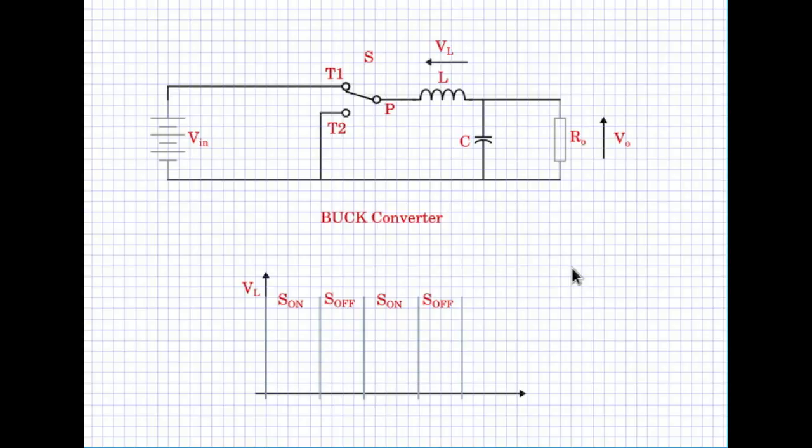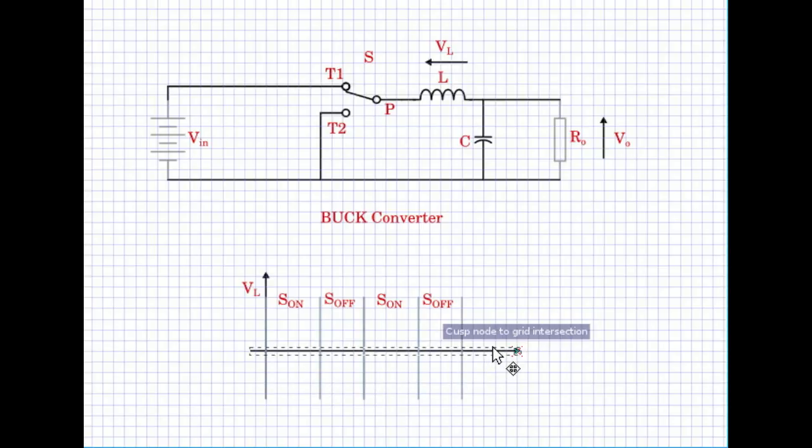So let us plot the voltage that we see across VL. Now the VL will be a bidirectional voltage, so it may be good to shift this up so that we can see the bidirectional voltage on the screen here.